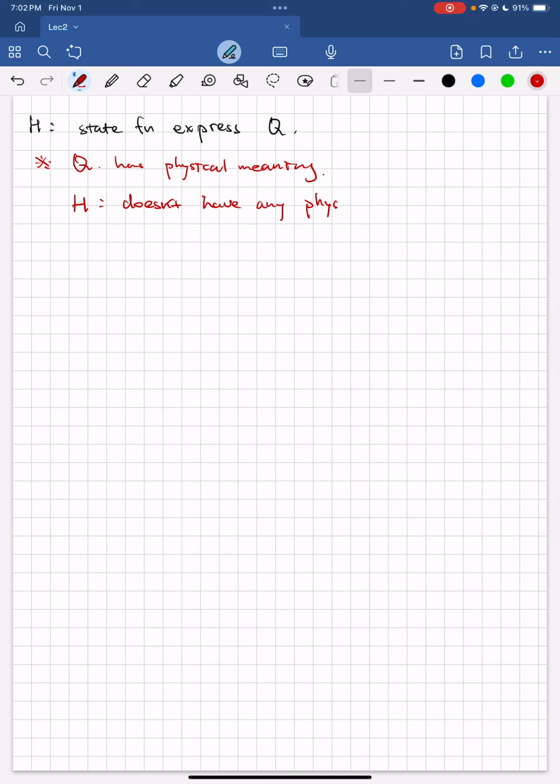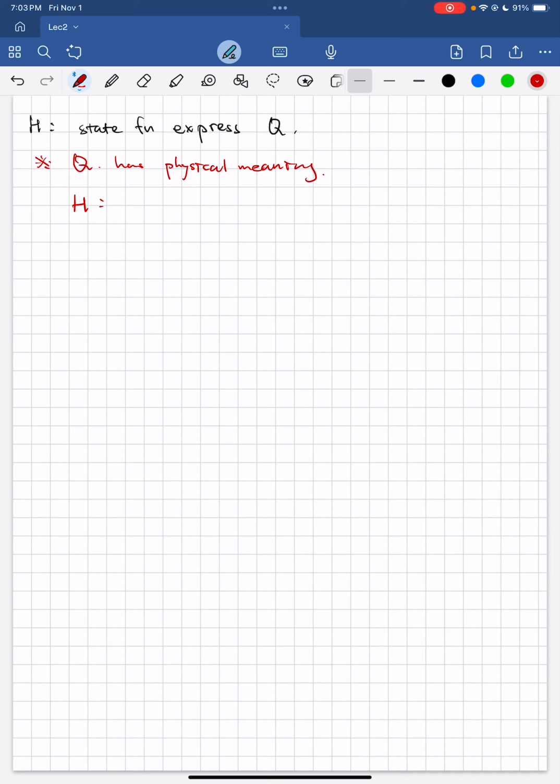Well, it does in a later lecture, but here you can kind of understand it like that, okay? So I'm not going to write it. H is primarily a made up concept. It's a made up concept in order to express heat in a state function kind of way.